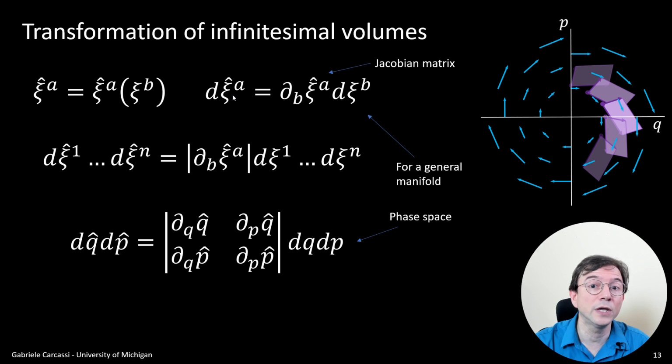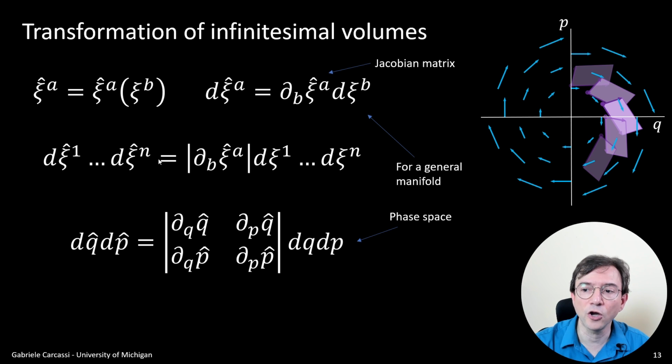And then we can look at how the differentials are transformed. And we're going to find that the differentials of the new coordinates are going to be the Jacobian matrix multiplied by the differentials of the old coordinates. And this is true for a generic manifold, for any state that can be charted with quantities.